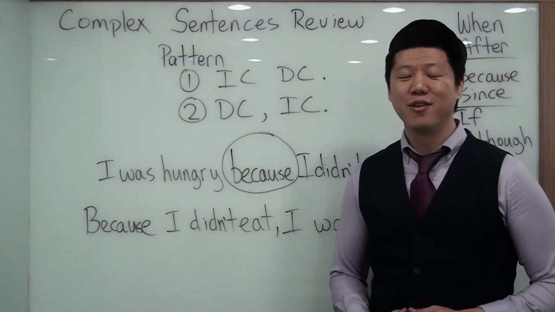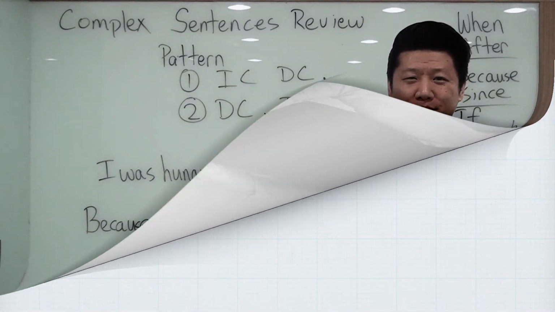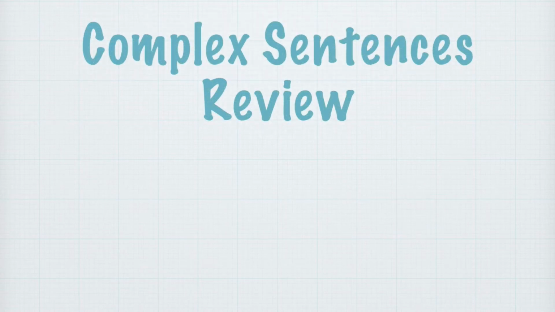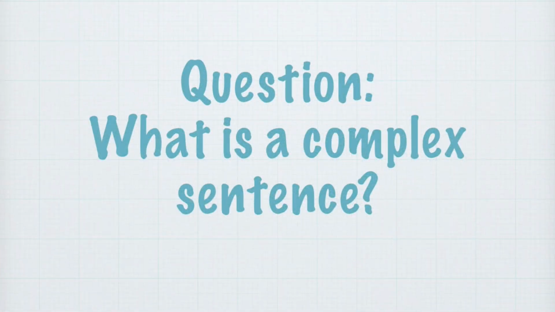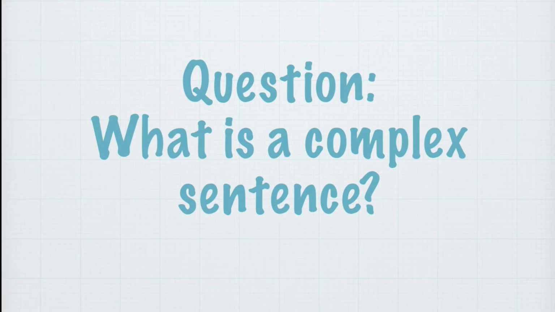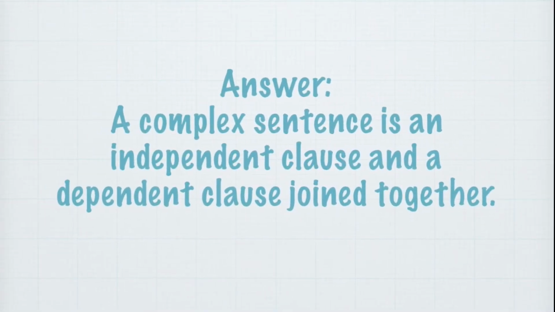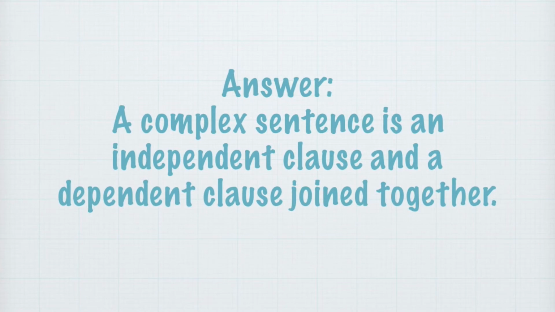With that in mind, let's review. Complex sentences review. What is a complex sentence? A complex sentence is an independent clause and a dependent clause joined together.